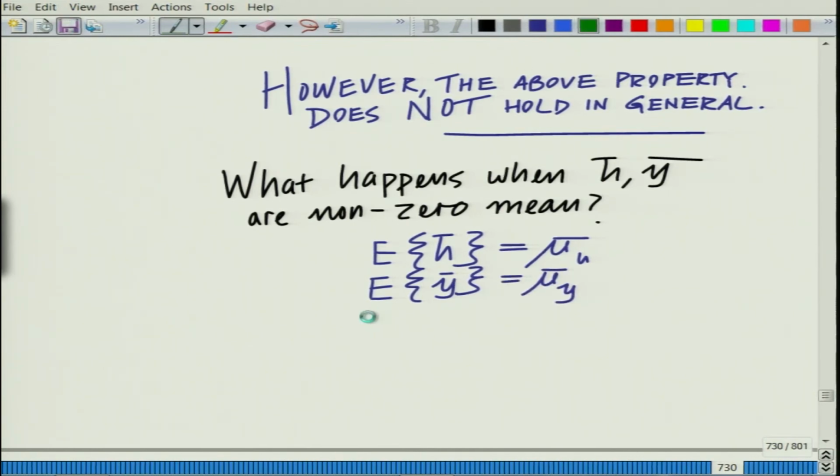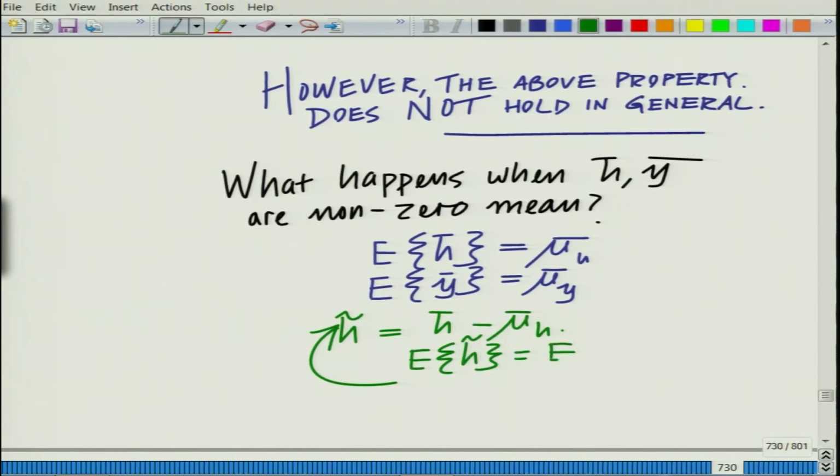We define h tilde equals h bar minus mu h bar. Observe that the expected value of h tilde equals the expected value of h bar minus mu h bar, which is equal to 0.